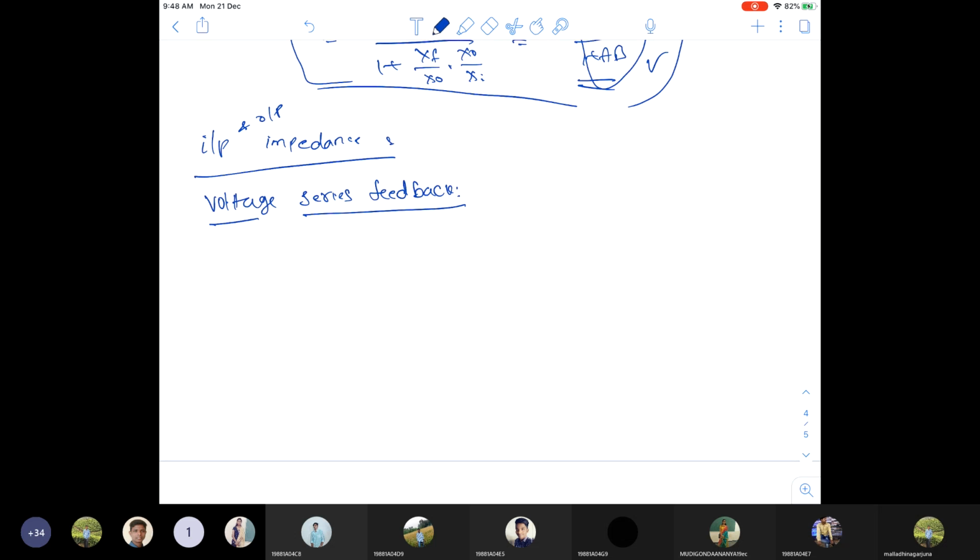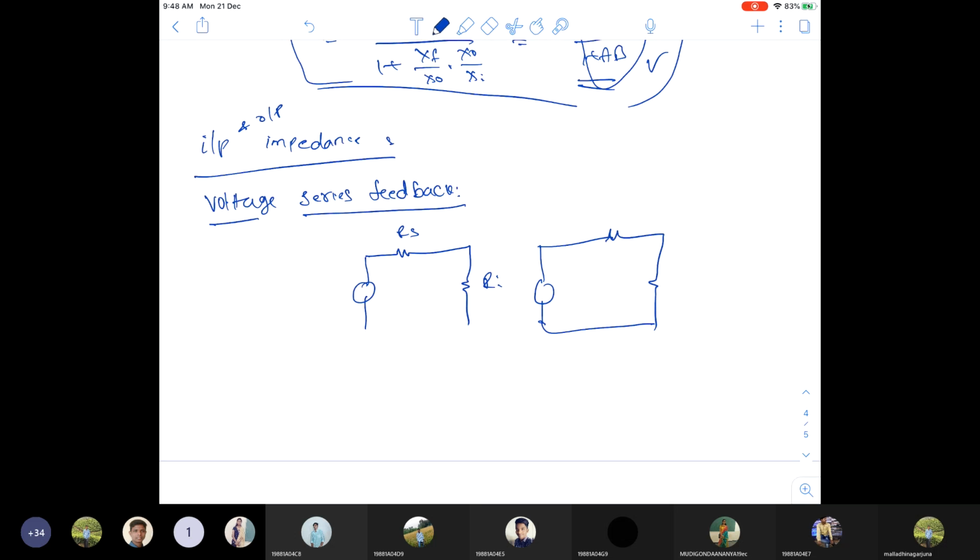What is the basic amplifier? Voltage amplifier. Yes, voltage amplifier. So for the voltage amplifier circuit, you recall RS, or rather RI, input.